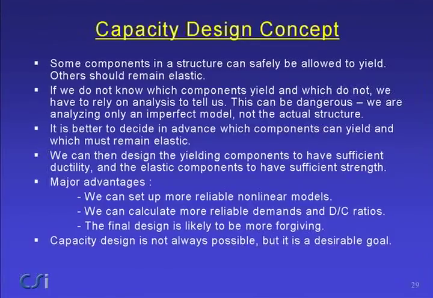You're not analyzing the actual structure, you're analyzing a model of the structure, and it's an imperfect model. So if you don't know where the structure is going to yield and where it's not, the analysis will tell you where the model yields and where the model doesn't yield. It doesn't necessarily tell you where the real structure yields and where the real structure doesn't yield.